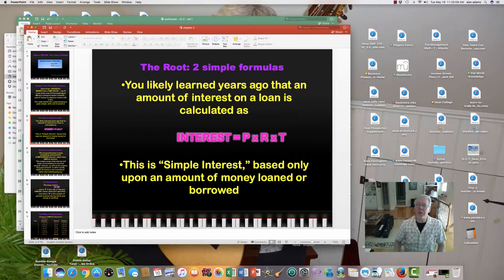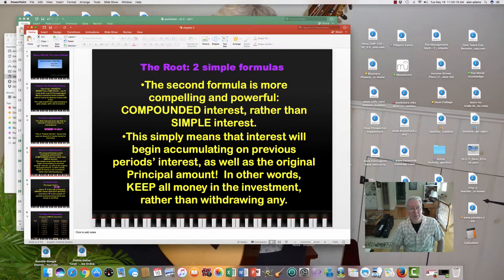So taking your interest out every year, simple interest, in other words, is not what we want to do. Okay? What we want to do is leave our interest in there and compound. Compounded interest. Compounding means growing into the future. There's an opposite that I'll get to later.